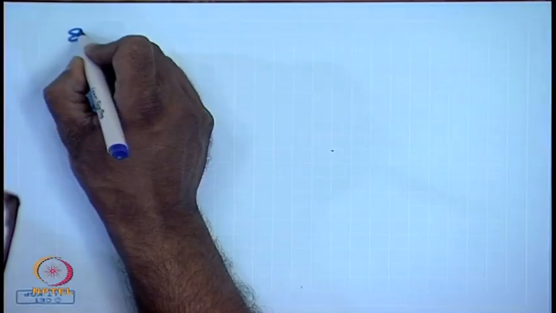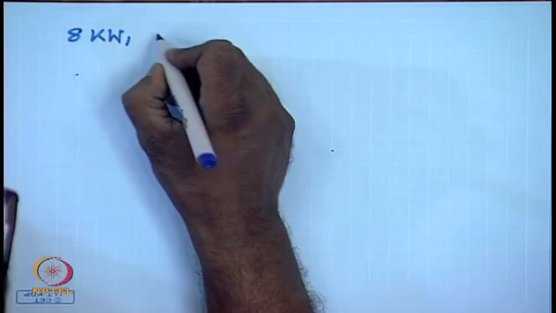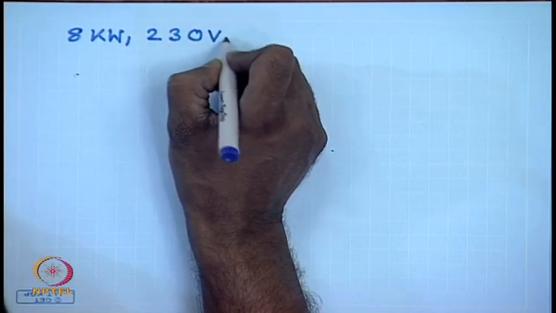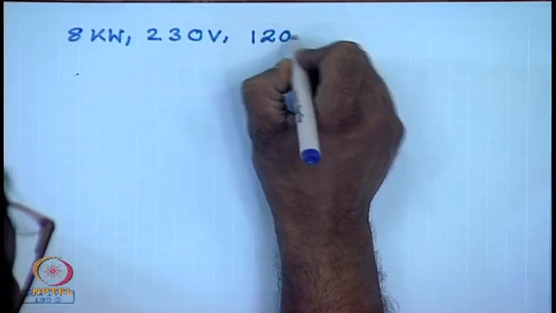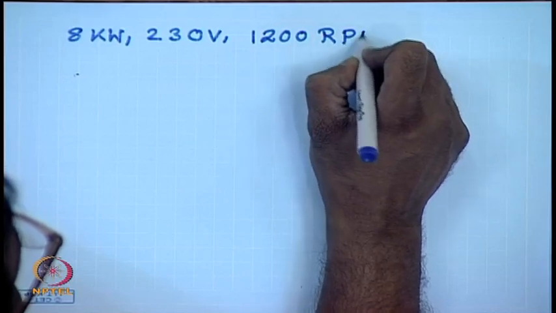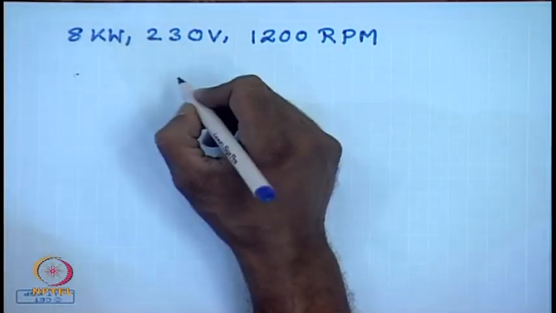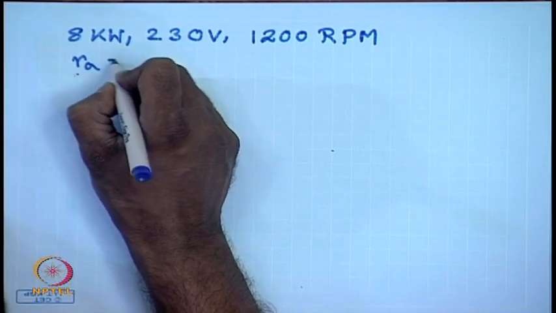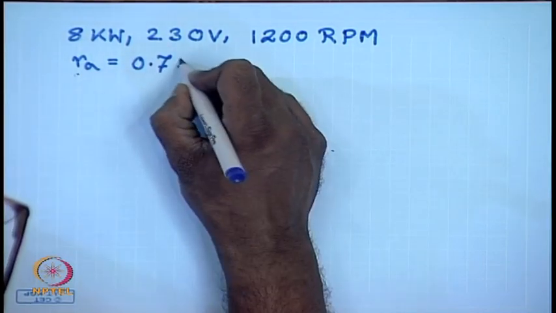Let us say we have a DC machine, eight kilowatt, 230 volt, 1200 RPM. The armature resistance R A equal to 0.7 ohm.